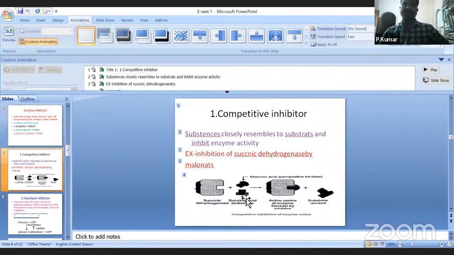In non-competitive inhibition, the inhibitor cannot fix at the active site; it fixes at another place. At that time, the enzyme-substrate complex is formed, but it also does not give the products. So the only difference between competitive and non-competitive inhibitors is that in competitive inhibitors, they fix at the active site place. In non-competitive, they are not fitted at the active site; they can fit at any other place on the enzyme. But during that time, the enzyme cannot react. So that is the non-competitive inhibitor.